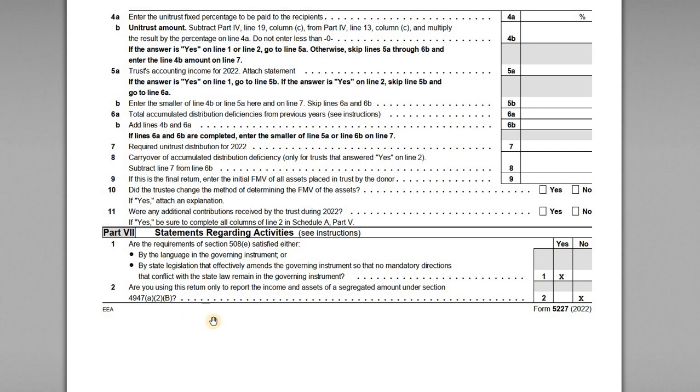Question 2, are we using this to report income and assets of a segregated amount? So in our case, no. This would arise if you have a trust that can have basically a separate charitable remainder amount as a segregated account within another trust instrument. It's kind of difficult to explain, but it's almost like having a side pocket investment within a trust.